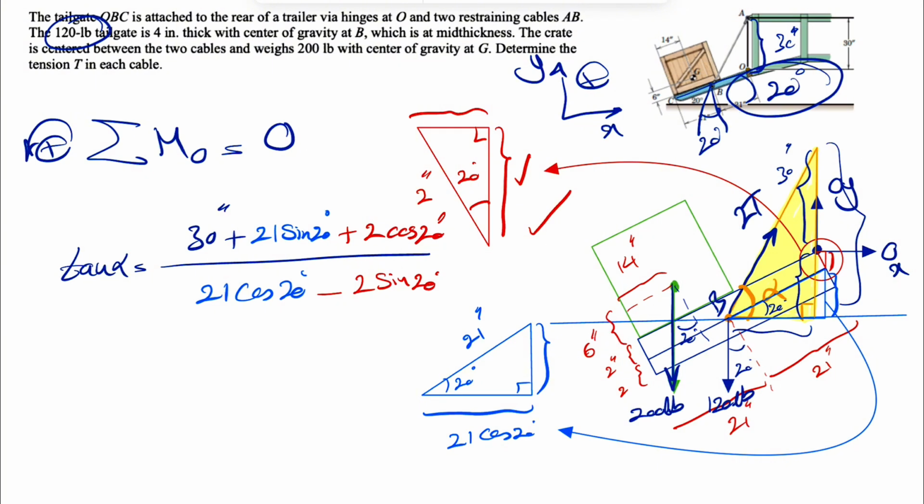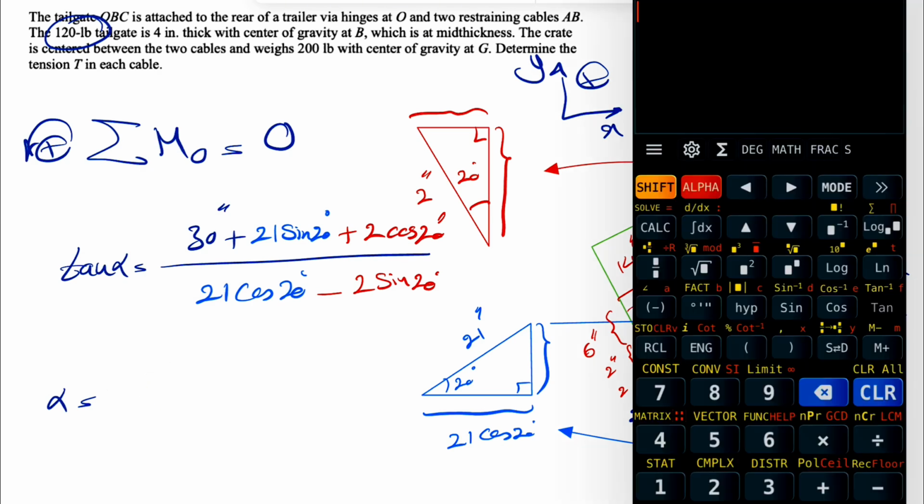The rest is pretty easy now that we have all of the angles. We just need to calculate alpha, which would be the tangent inverse of what we had in the previous step. So let's calculate that. We're going to have tangent inverse of 30 plus 21 sine of 20 plus 2 cosine of 20, divided by 21 cosine of 20 minus 2 sine of 20 degrees.